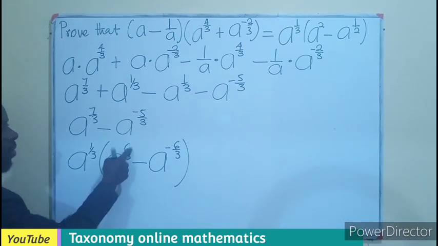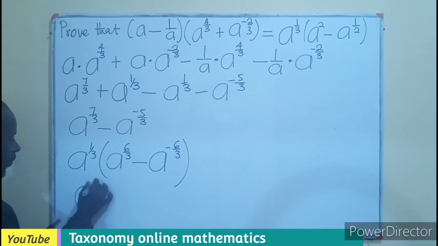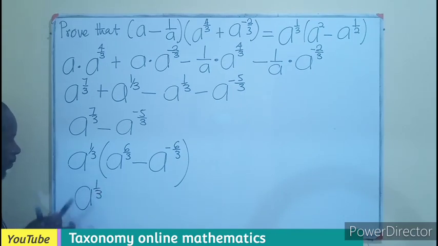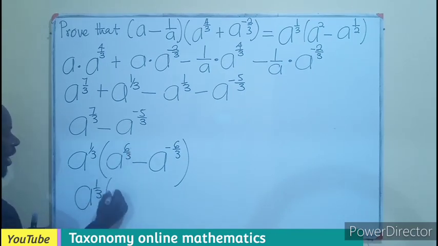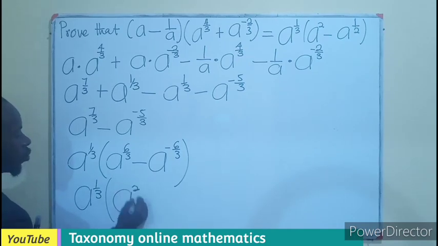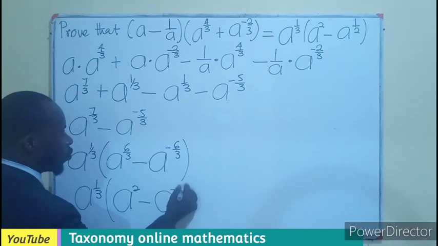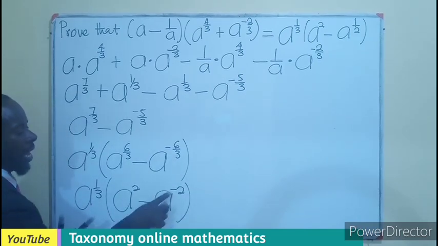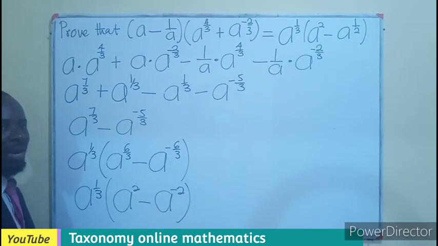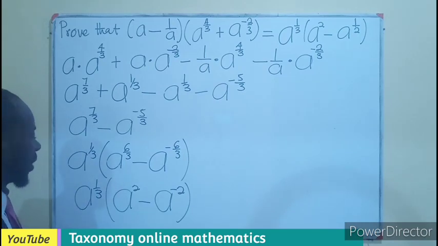Well, I know these have a common factor. If I divide, I have a exponent 2 minus a exponent minus 2. But a negative power can also be written as a fraction.